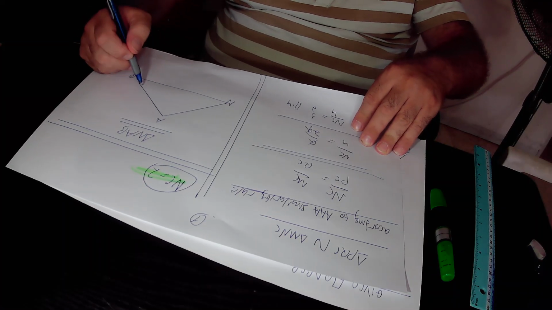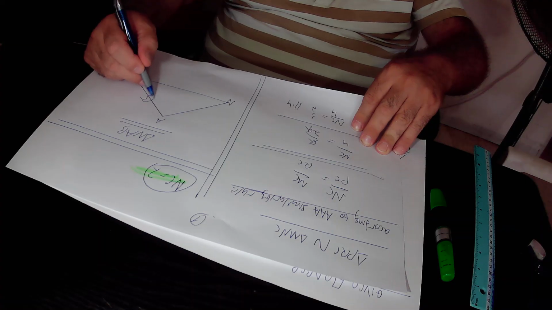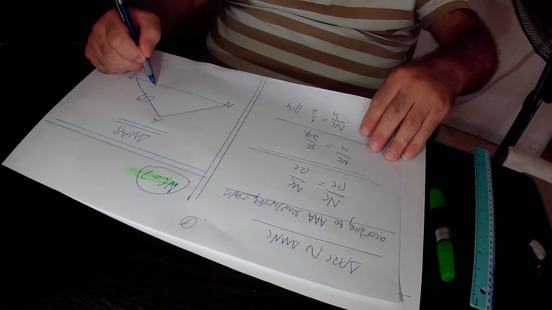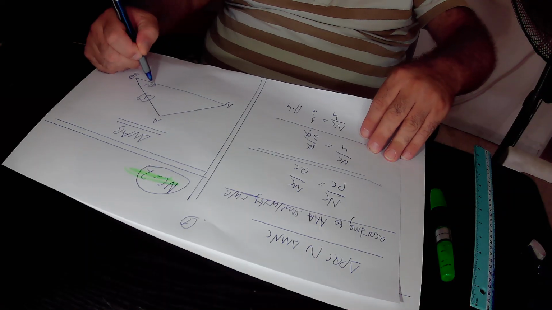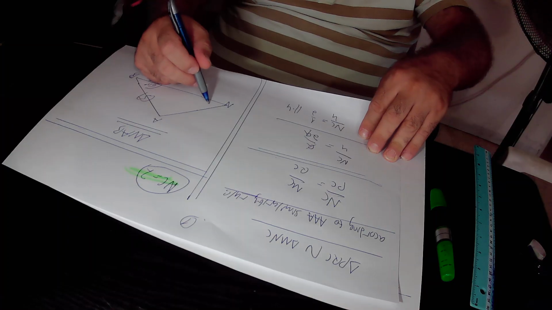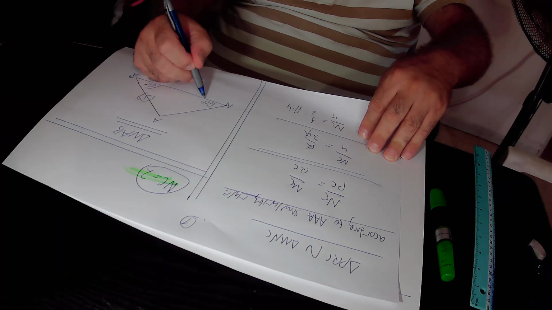Side AB equals 5 units in its length, according to what is given in the question. Angle ABC equals 60 degrees, also according to what is given in the question. And we already found out that angle NAB is also equal to 60 degrees in its size.